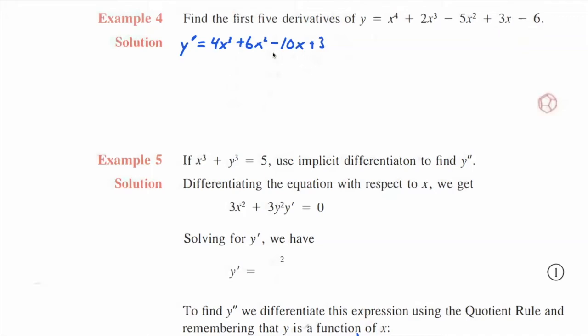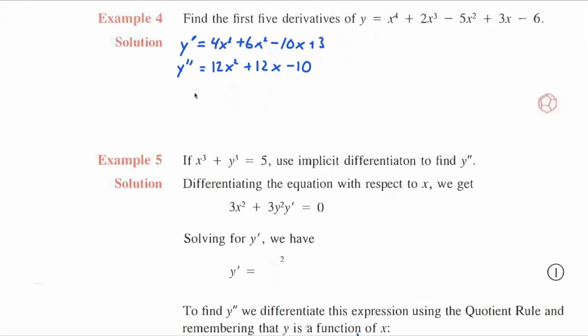We can treat this now as a function and say, okay, the second derivative is going to be equal to 4 times 3, so that's going to be 12x squared plus 6 times 2 is 12x, and minus 10. Now this is x to the 1, so it's going to go down to x to the 0, and of course the derivative of a constant is equal to 0.